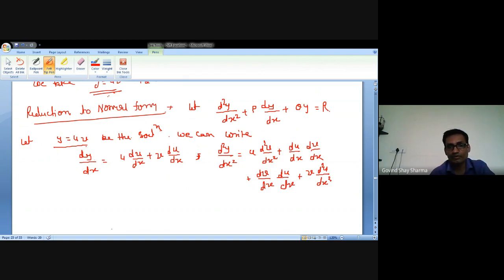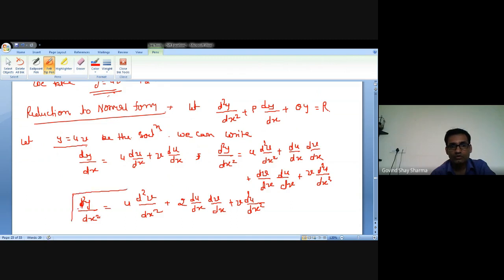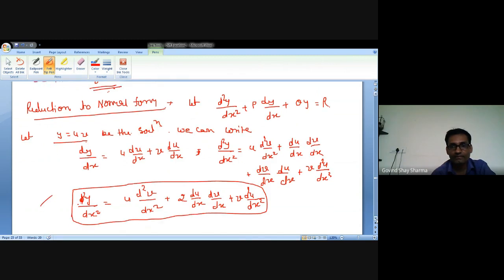Now you can simplify it to u d2v dx2 plus 2 du dx dv dx plus v d2u dx2. This is the equation.